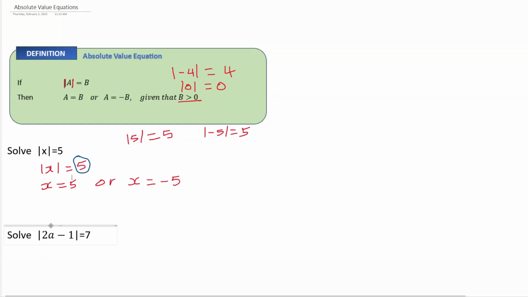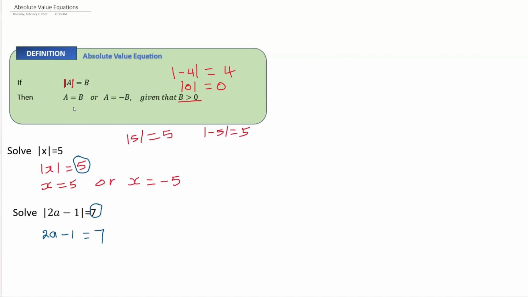All right, for example, we want to solve the absolute value of 2a minus 1 equals 7. We know there are going to be two solutions. One, write it as it is. Then we write it again, but we change the number that is not in the absolute value to a negative.